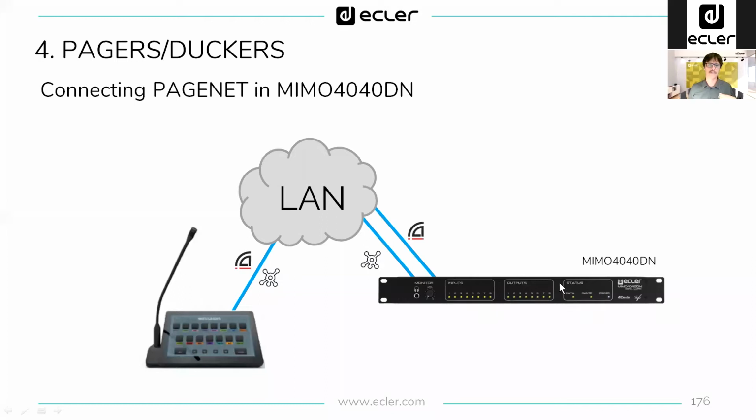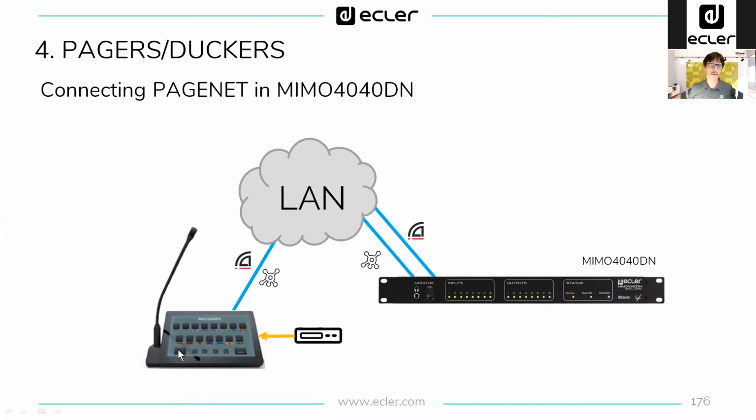And MIMO 4040 as well has to have 2 cables, one for controlling and the other one for Dante, for receiving the audio signal. That's it. Remember that you have in the EM page an extra Dante transmitter for a player, okay?